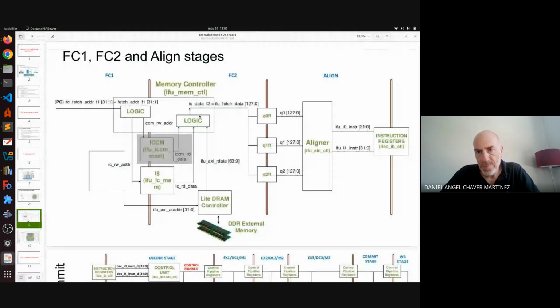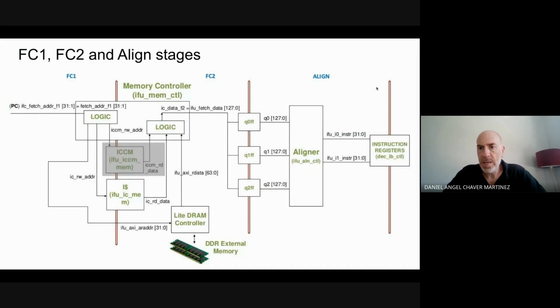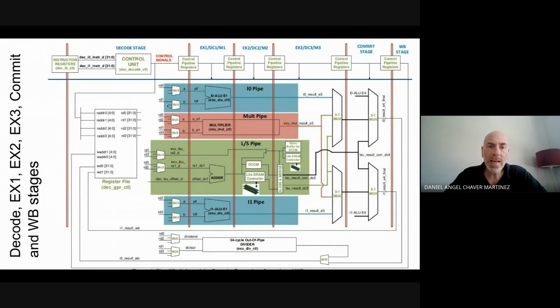Yes, okay. Now, as I was saying, ideally, we'll have 2 instructions provided per cycle to the backend. So let's go with the backend. The backend is responsible of executing the instructions.